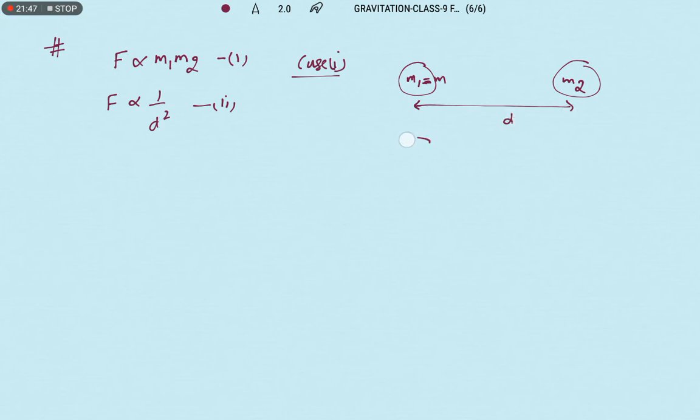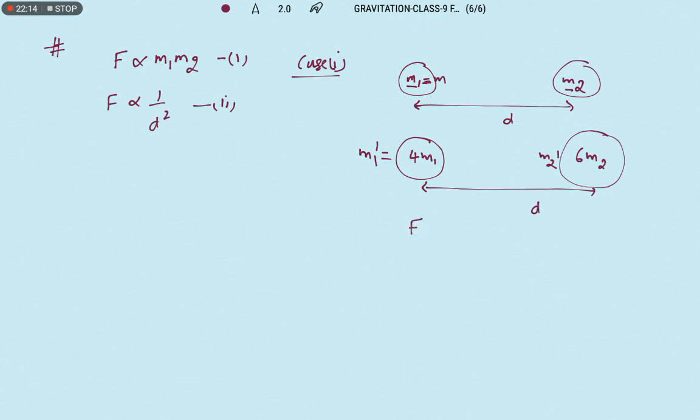Now m1 increases to 4 times m1 and m2 increases to 6 times m2. So this is the initial mass m1, m2, and the final masses after increasing are m1 dash and m2 dash, and now they are separated by the same distance. They are going to ask what is the nature of force in the second case.